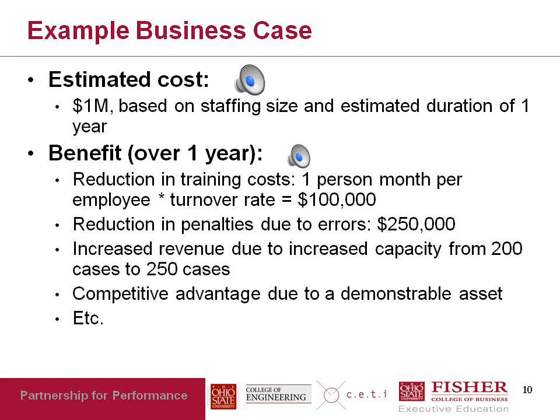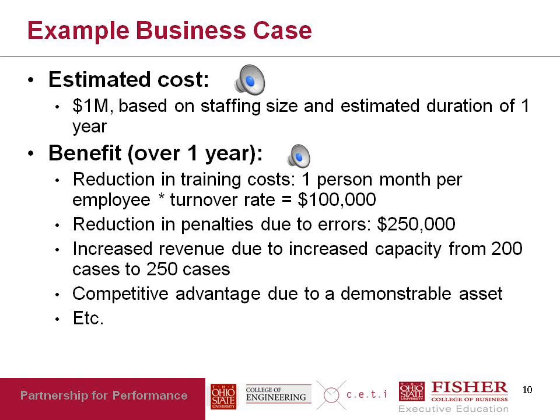And we estimated that we could save about 1 month of training per employee, and that there was a turnover rate. Basically, they hired 10 new employees every year. So combining the two together, we came up with a benefit in terms of reduction in training costs to be about $100,000 in that first year.